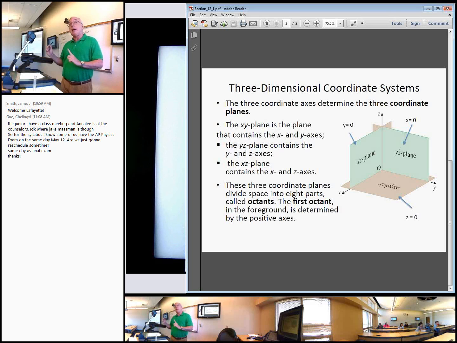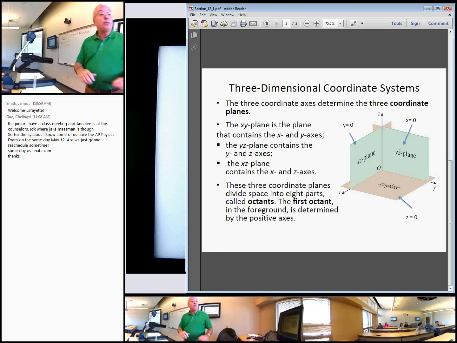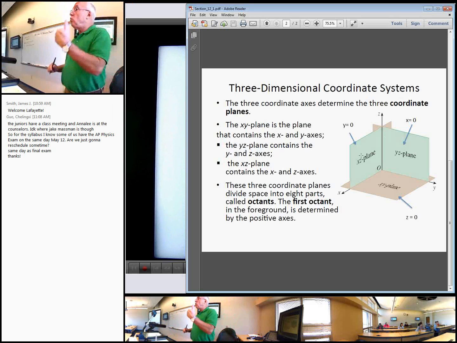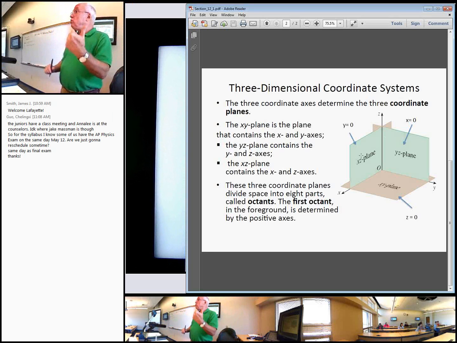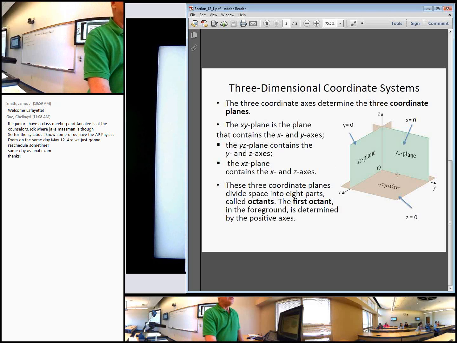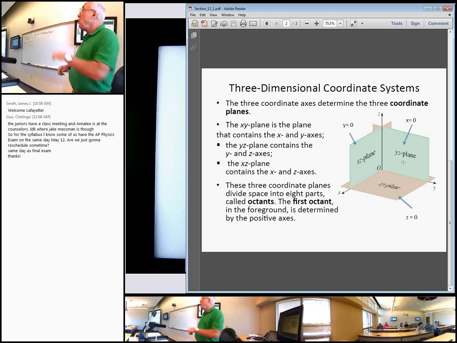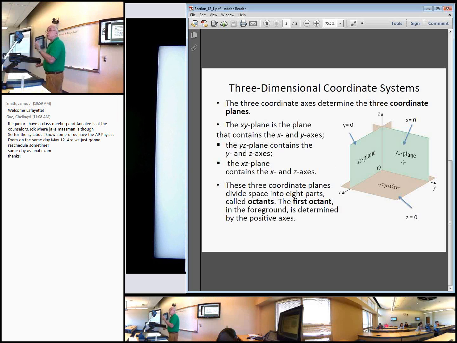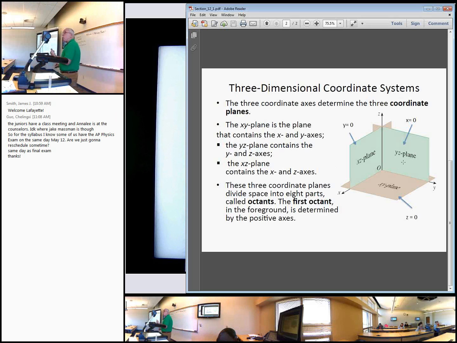So the letter that you don't have, Z, for the XY plane, that's equal to 0 for every single point that's on that plane. For the XZ plane, we're not seeing the letter Y in that, XZ. Y is equal to 0 for every single point on that plane. And then finally for the YZ plane, we don't see the letter X in that. X is equal to 0 for every single point on that plane, all right?